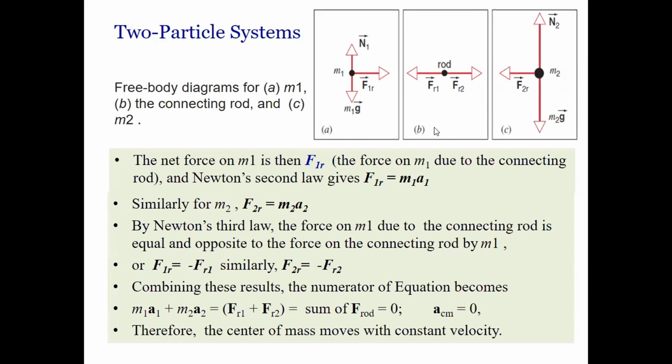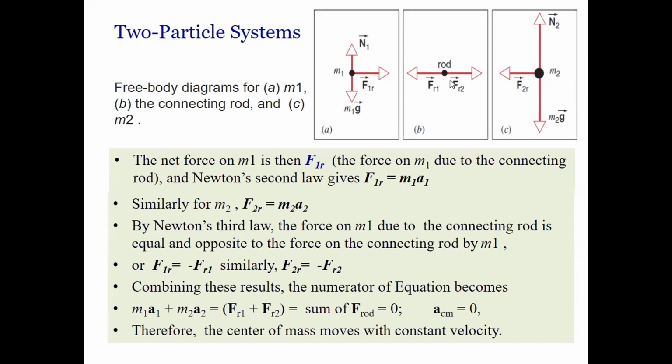Similarly for mass M2, in the diagram you can see that the normal reaction is N2, and the force due to gravity is M2 times G. This is the force on M2 due to the connecting rod, F2R, and its direction is towards the rod and away from the mass M2, in the negative x direction.